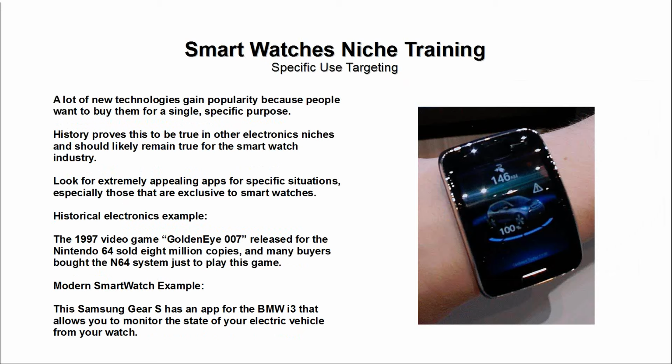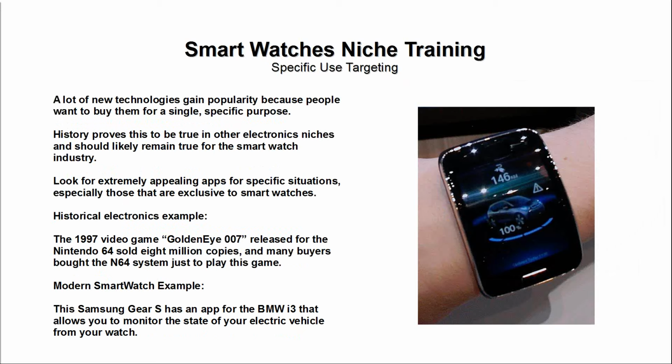Back in 1997, a video game was released called GoldenEye 007 for the Nintendo 64 system, which was pretty new at the time. It had not been a major seller because there were plenty of other gaming console systems that had already been released, and a lot of people already had tons of games and had been using those for a while.